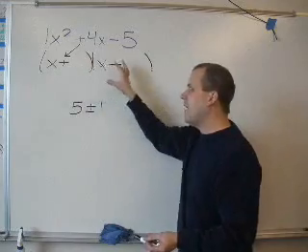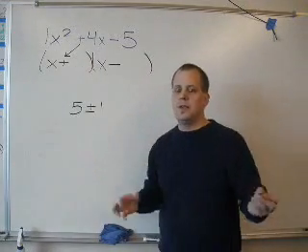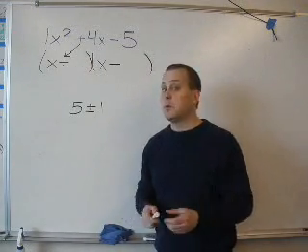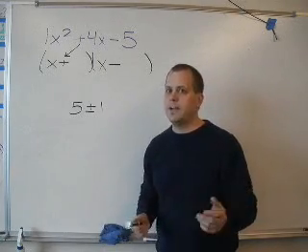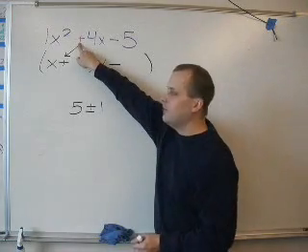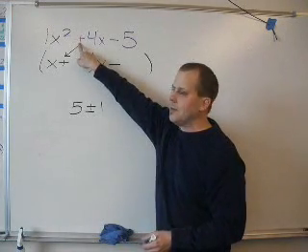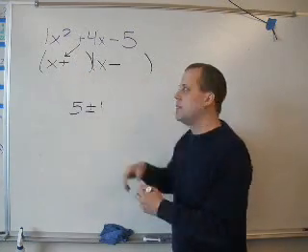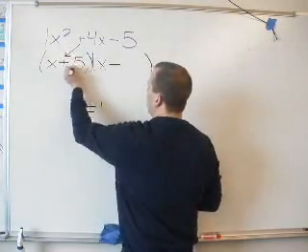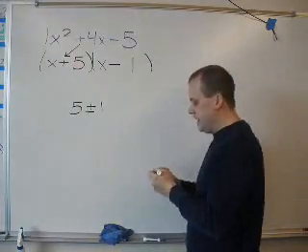But I need to know where I put those numbers. Here's a trick. Which number is bigger, 5 or 1? 5 is. So 5 will get the first sign. See how we just drag that first sign down? Since 5 is the bigger number, 5 will go there, 1 will go there.